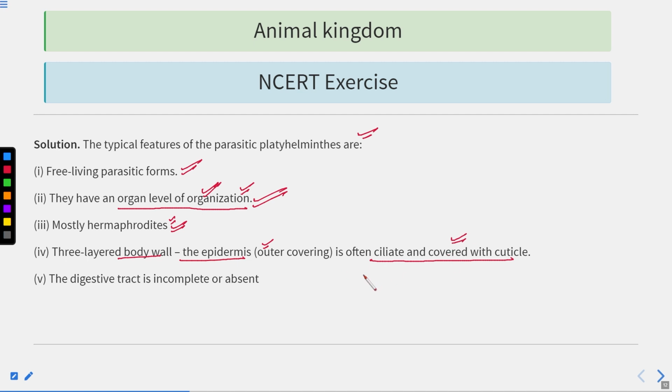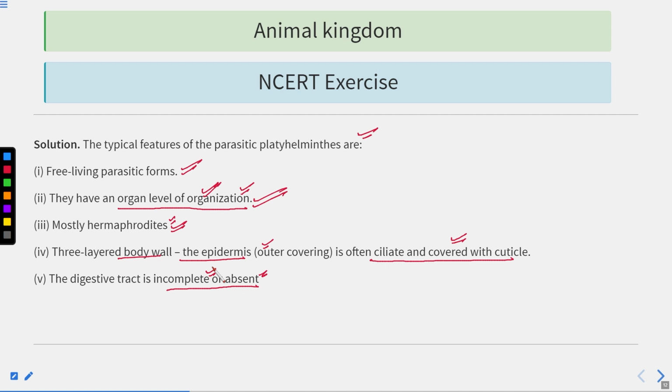The other two body wall layers are endodermis and mesodermis. So epidermis, endodermis, and in between the ecto and endo, there is a mesodermis. Now, the digestive tract is incomplete or absent. Very, very important. They are having the mouth and also the suckers through which they suck the nutrients from the body of the organism in which they are living as a parasite.